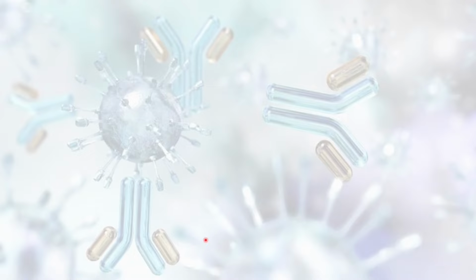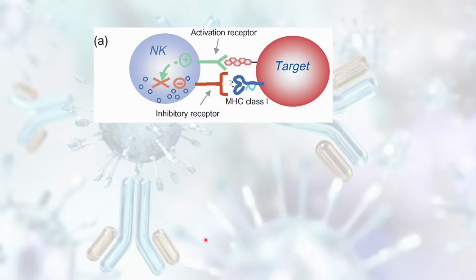Finally, guys, I want to mention the natural killer cell. The natural killer cell is very similar to the CD8 T cell, but it's part of innate immunity, as in it's non-specific. Now, under normal conditions, the natural killer cell does not attack a cell as long as MHC class 1 is expressed.